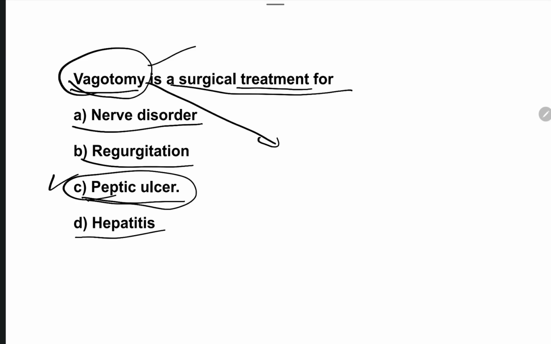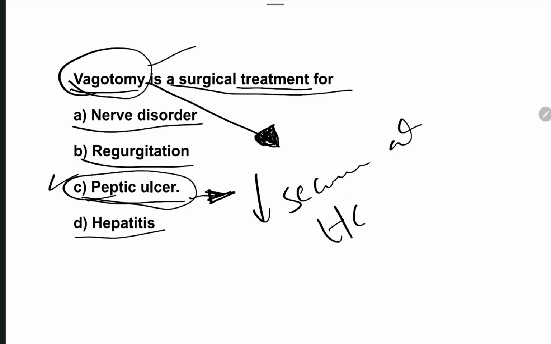So vagotomy is nothing but a procedure of cutting the vagus nerve branches, otherwise removing small parts of the vagus nerve, which will decrease the secretion of HCl in the stomach.